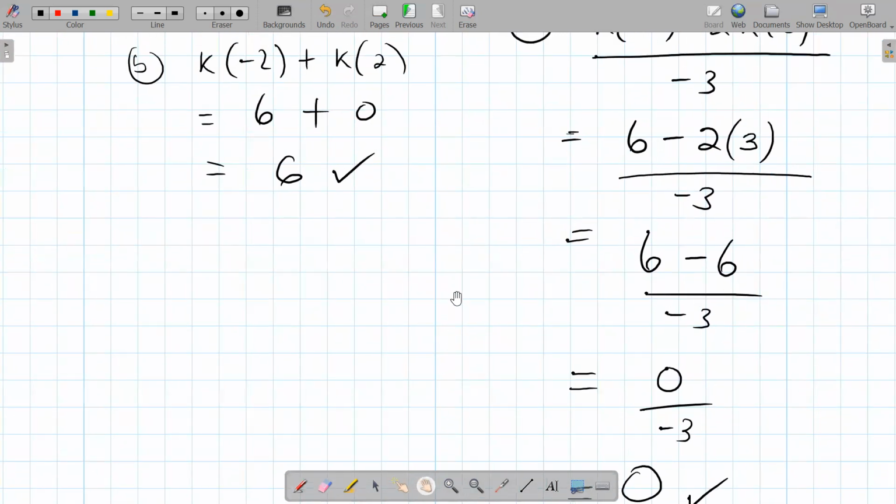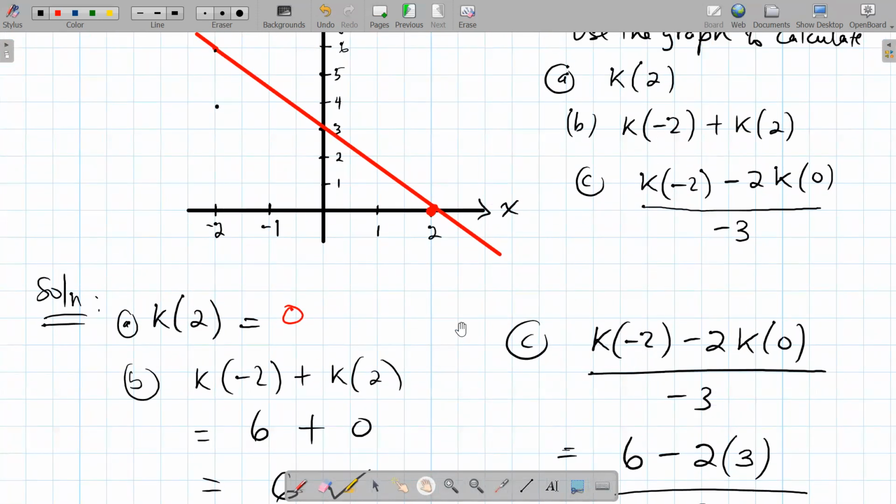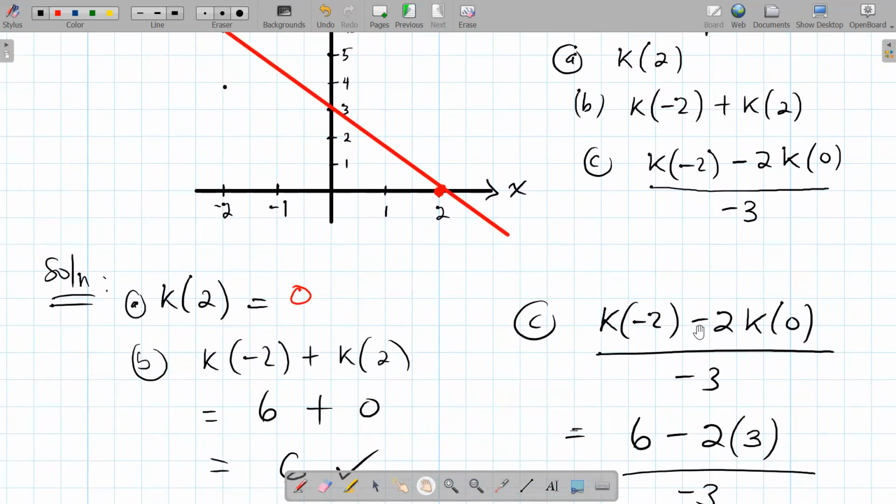So once again, note carefully that K of -2 is what we found here. Locate the -2 on the X, project it up to touch the graph, move to your right to touch the Y. That value there is your answer. So that is the 6 minus 2.